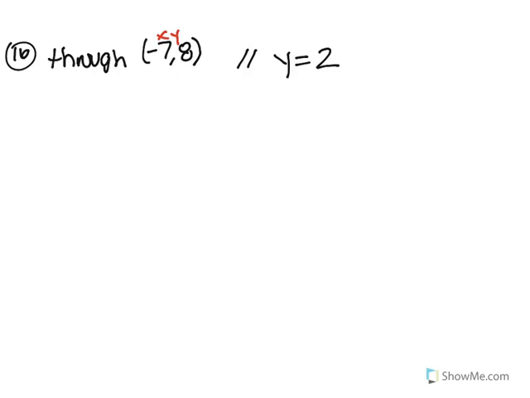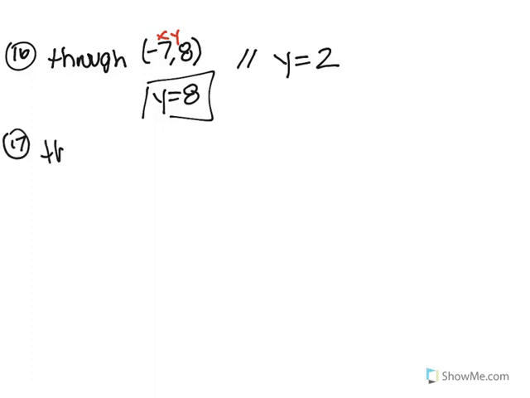That would parallel mean, y equals 8. You should just know, I'm giving you a special line, a horizontal line. I need another horizontal line, okay? Yeah, the slope is 0, but I don't need you to have to plug that in. You should know that's a horizontal line. 8 is the y, so it's y equals 8.